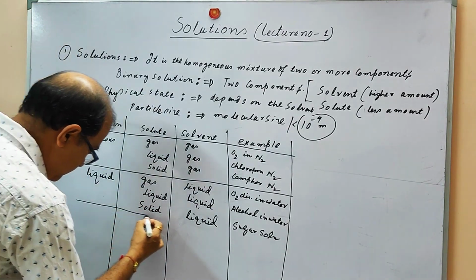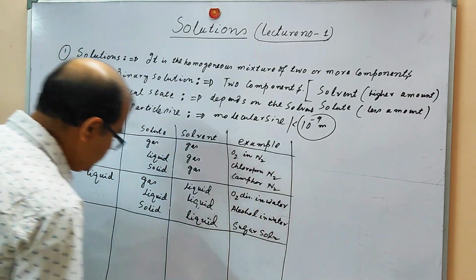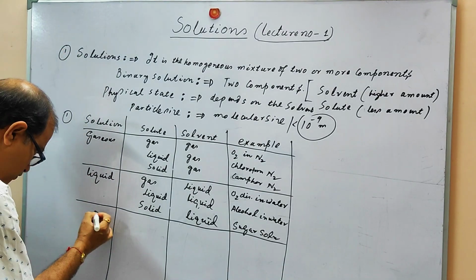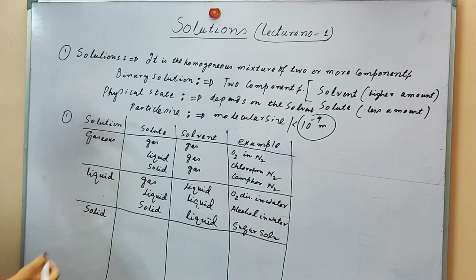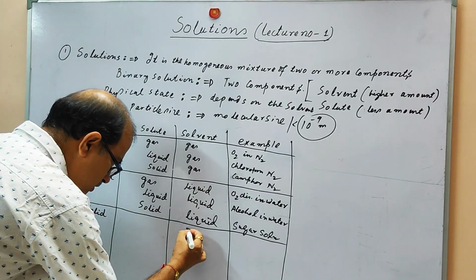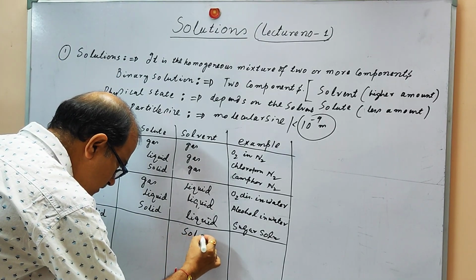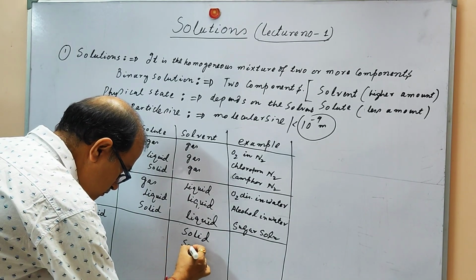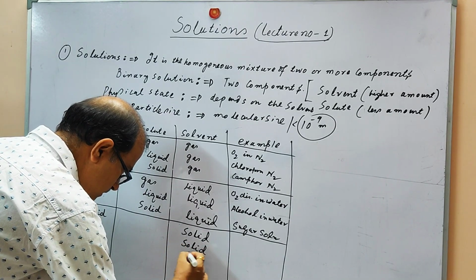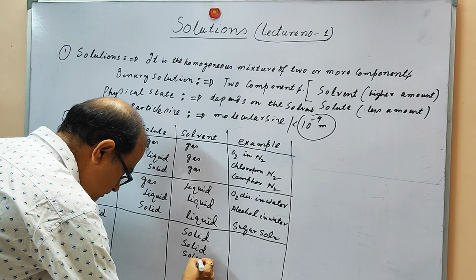There is a second variety we understand, and there is a third variety, that is solid, where the solid will be the solvent. Three cases we are discussing for the solvent here.